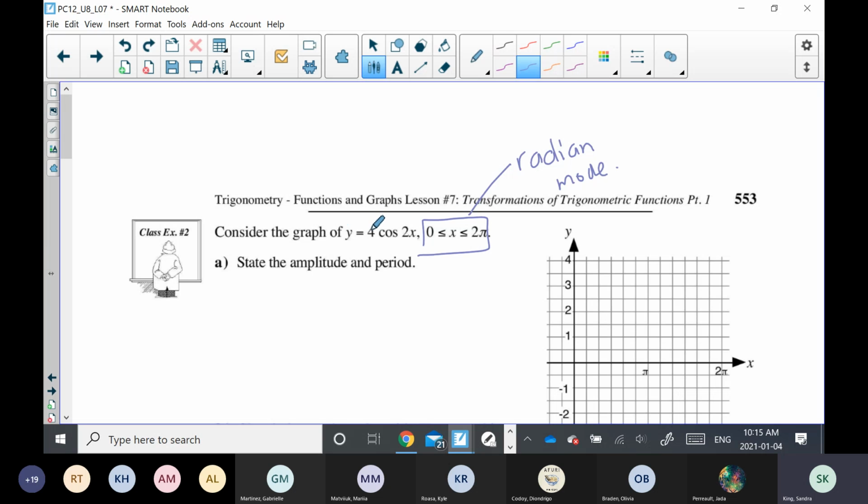This is my A value. So that's my A value, that's my B value. A is equal to 4, and that means my amplitude is 4 units.